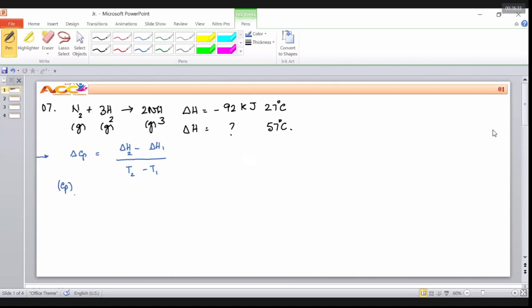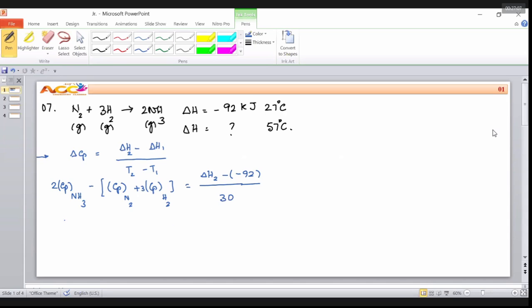Cp of ammonia 2 times, minus Cp of nitrogen 1 time plus Cp of hydrogen 3 times, is equal to delta H2, our job, minus of minus 92 kilojoules, no problem, by T2 minus T1, 30.